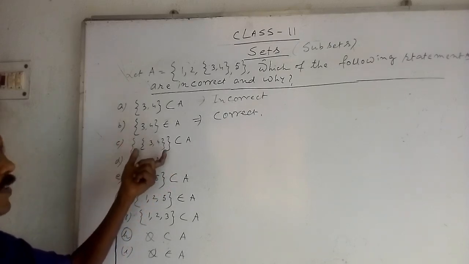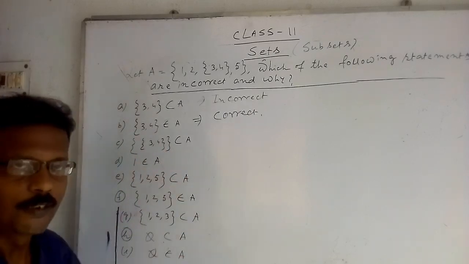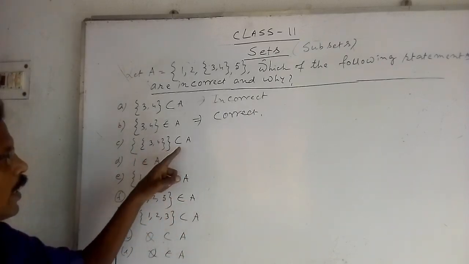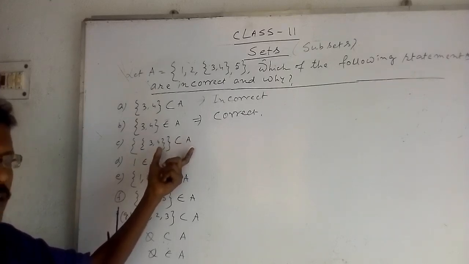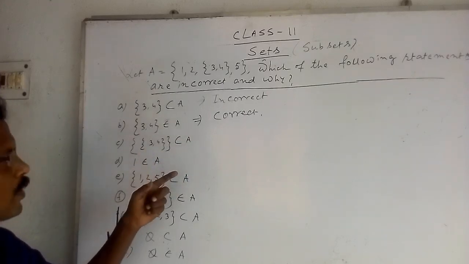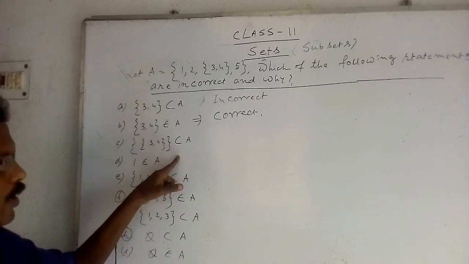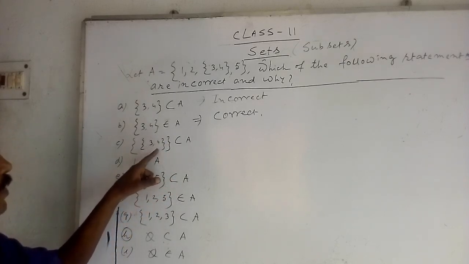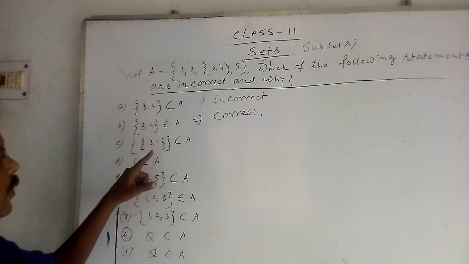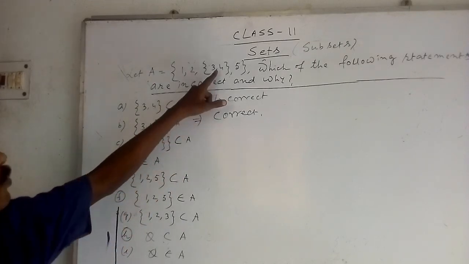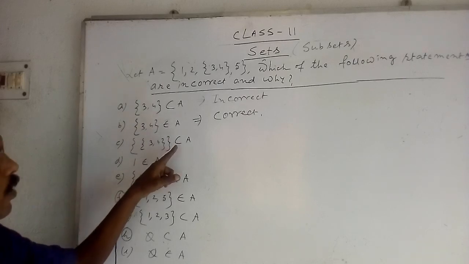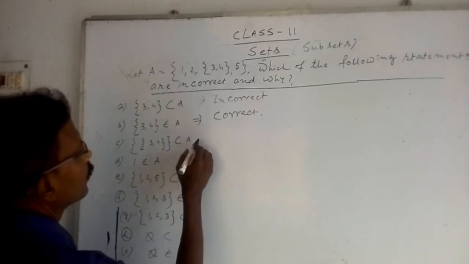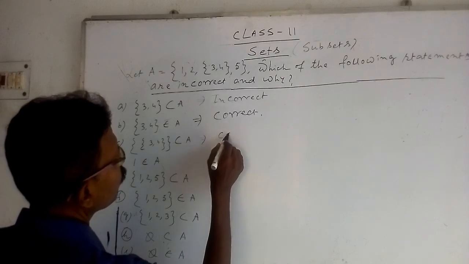When an element is within a second bracket, it becomes a set, and this is also a set, therefore you can put the subset sign between two sets. Now you have to check whether the first set is a subset of the second set. Yes, this element belongs to A, therefore the first set is a subset of the second one. Therefore this statement is also correct.